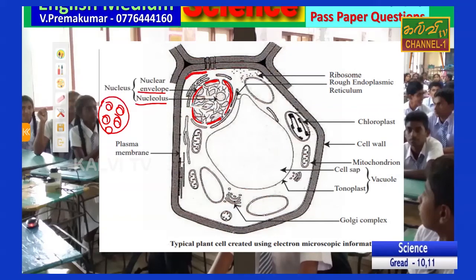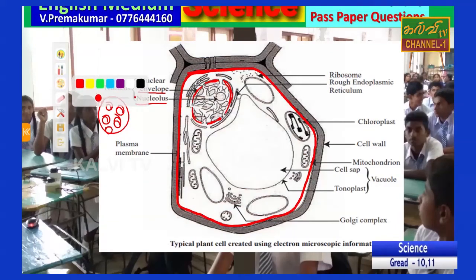Special membrane after the cell wall, here inside is a cell membrane, specially made by proteins, phospholipids, and carbohydrates also used to construct the cell membrane or plasma membrane.